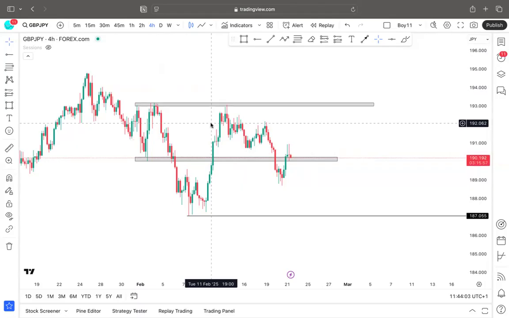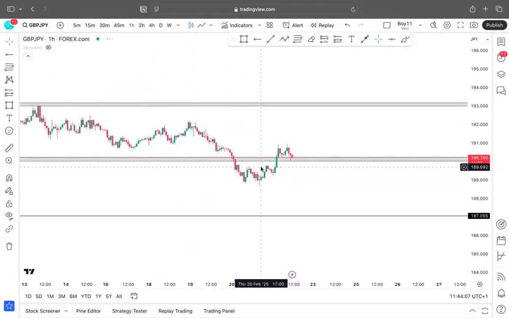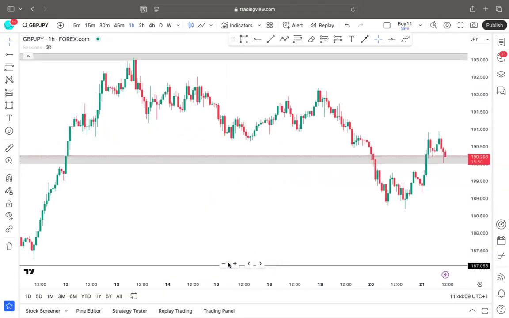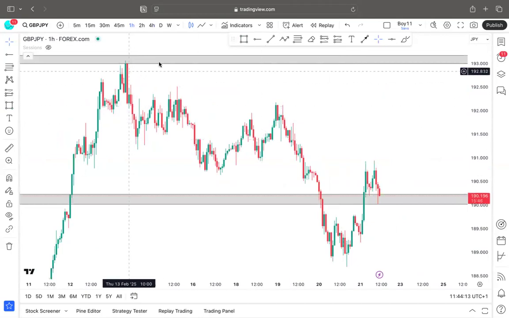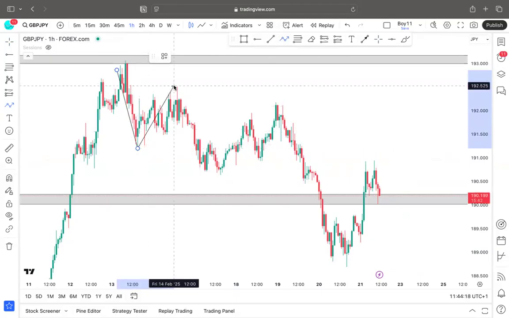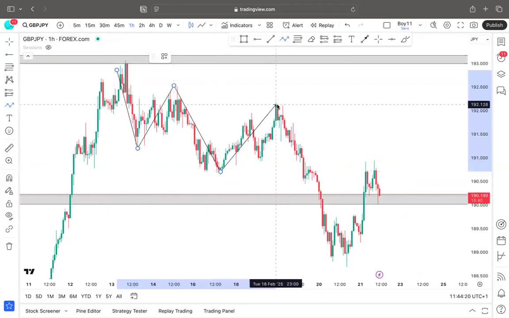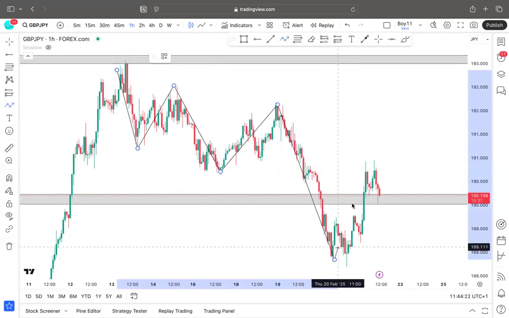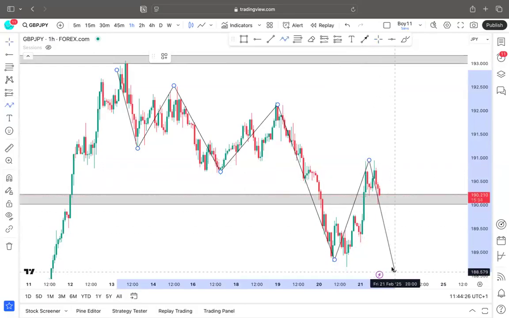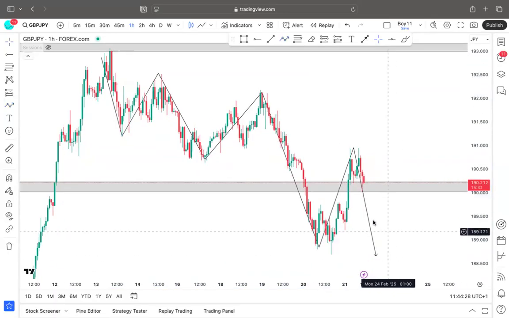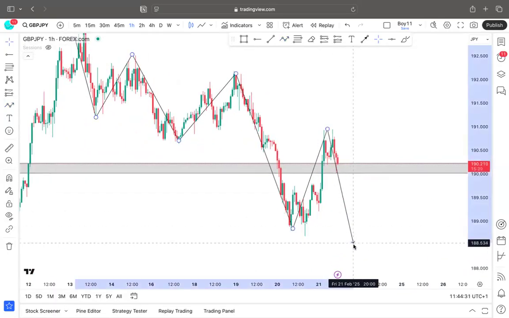Even if you are a day trader and you want to trade from the 1-hour time frame, there's always structure to draw out your support and resistance level. If you can see on the 1-hour time frame here too, the market was creating support, support, resistance, support, resistance, current support, and then we don't know if this is a resistance yet until the market breaks the most recent support level.